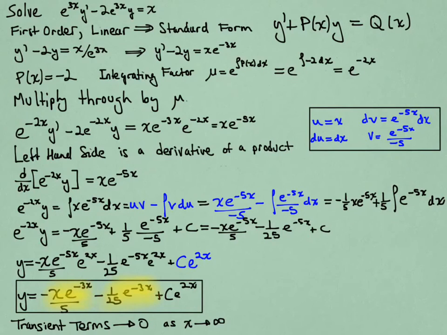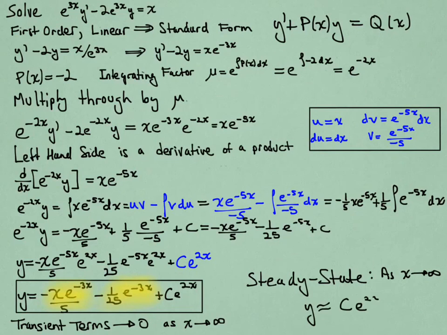The term that's attached to the constant of integration goes to infinity, assuming that c is not 0, as x gets large, and is pretty significant, and in fact dominating this expression for large values of x. What happens as x gets large to the answer is called the steady state solution. In this case, the steady state behavior of my expression as x goes to infinity is that my y approaches more and more like this third term.